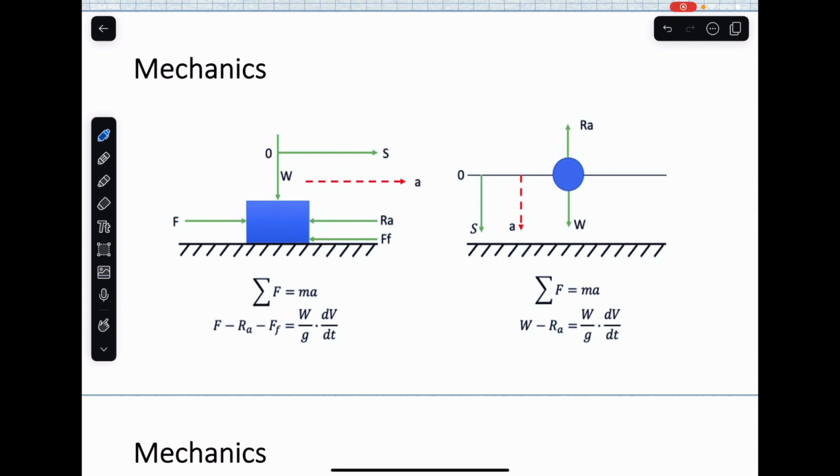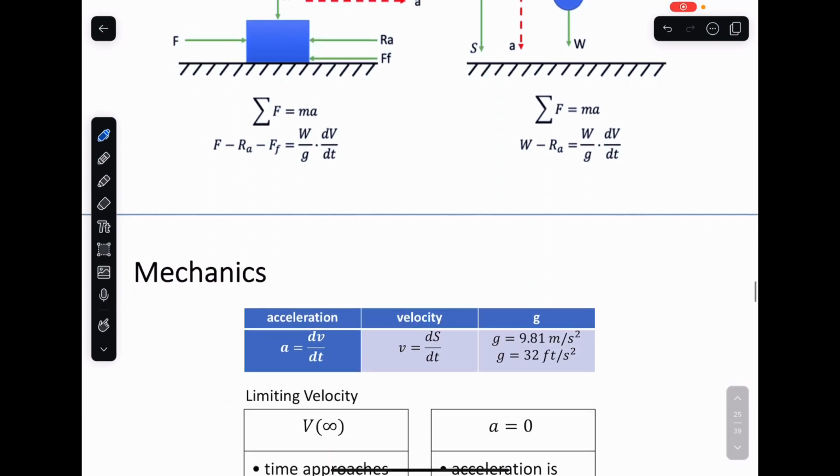The air resistance and the frictional force oppose the direction of the force, thus we subtract them. For vertical forces, usually it's the weight which serves as the force present in the system, and then we subtract the air resistance.